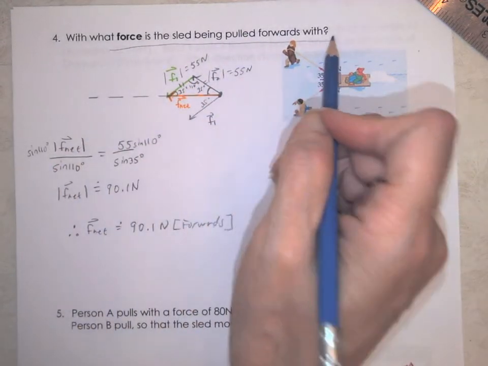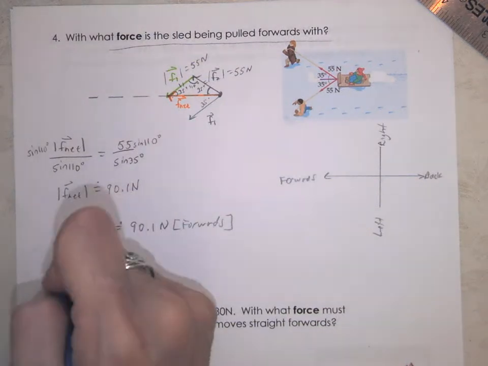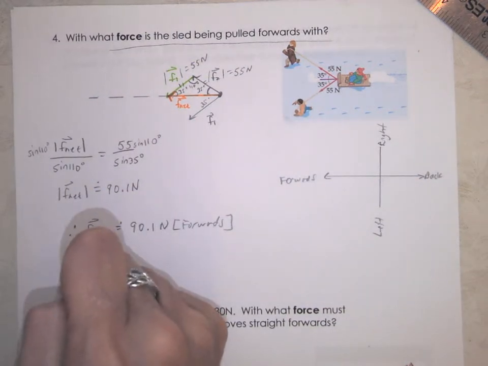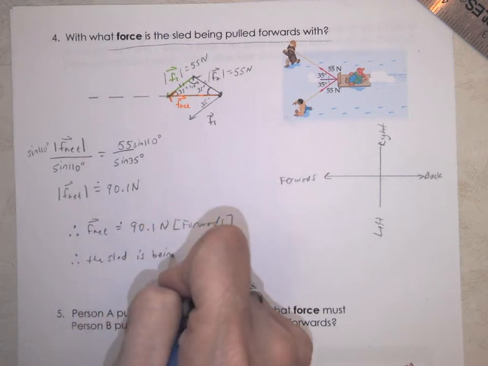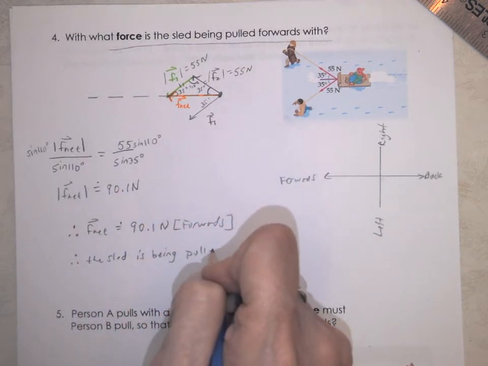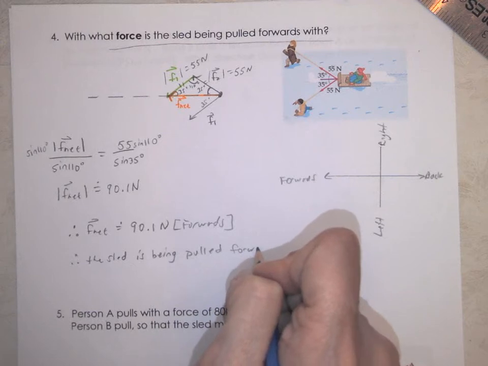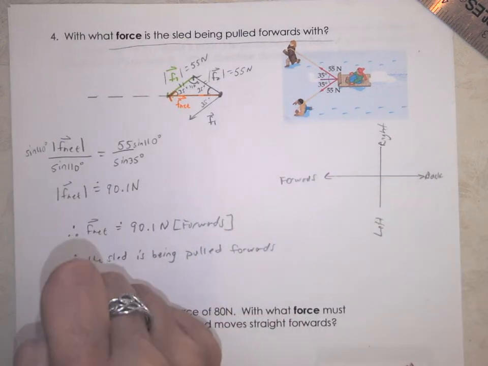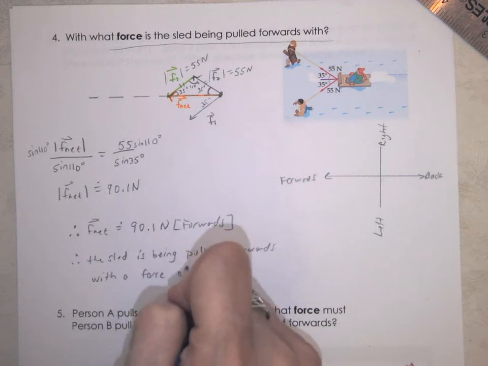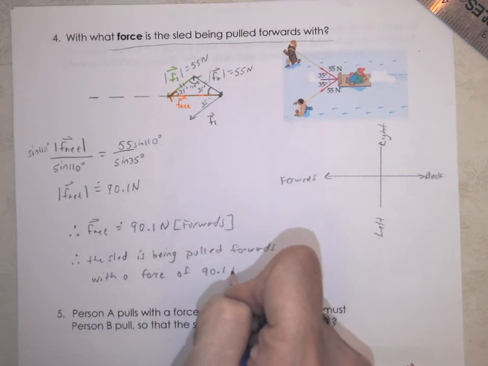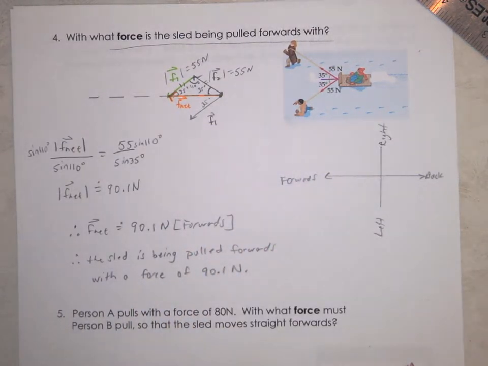And because it's kind of a word problem with a picture and everything, we might do also a statement. Therefore, the sled is being pulled forwards with a force of 90.1 newtons.